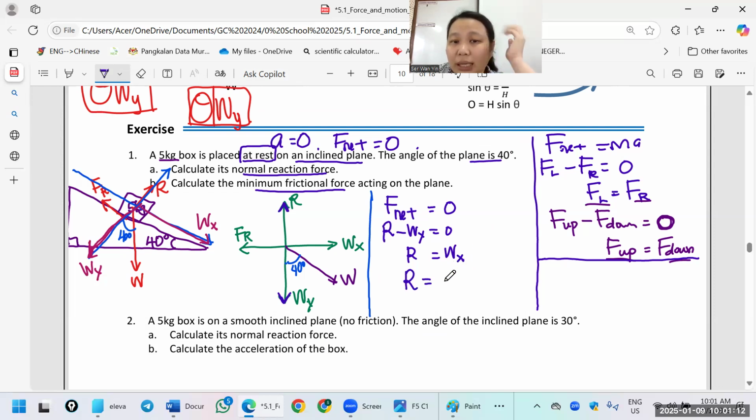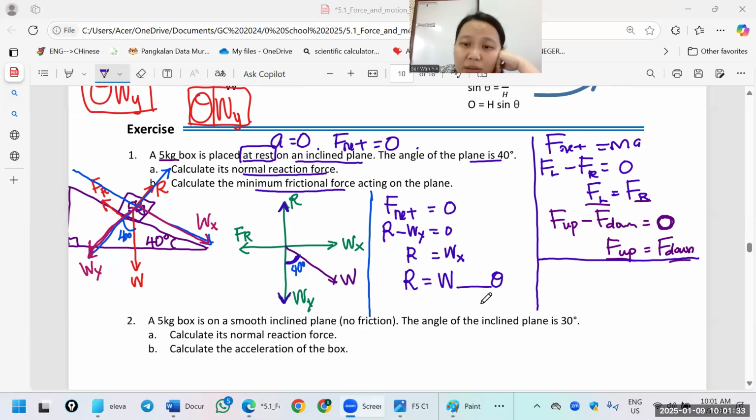So how to get WX? We get original force, sine or cos theta. What do you think, sine or cos theta? This 40 touch WY. So sine or cos? Thank you, Jia.